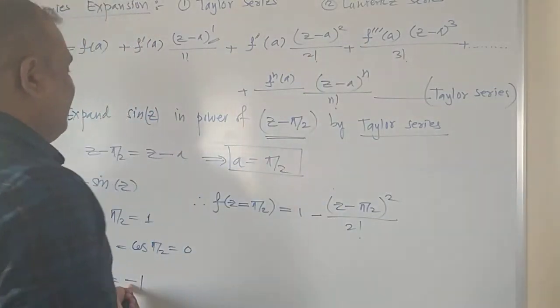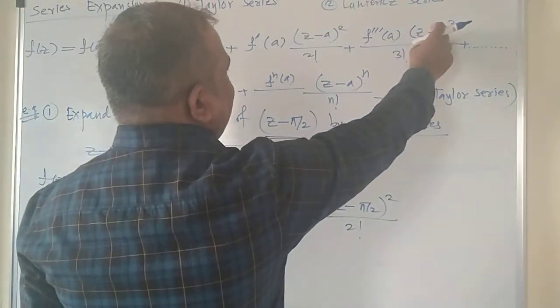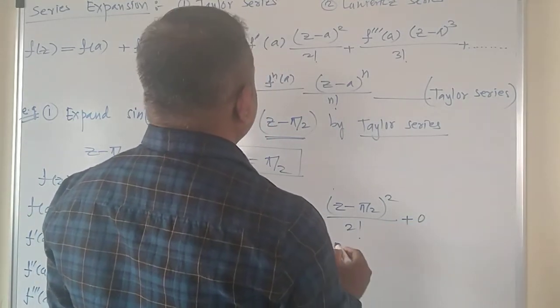Third term, f triple dash has value 0, so you won't get anything here. So the next term will be 0 only.